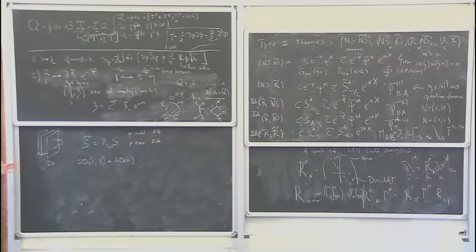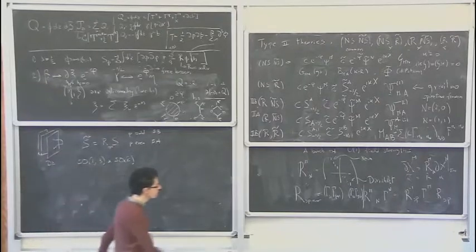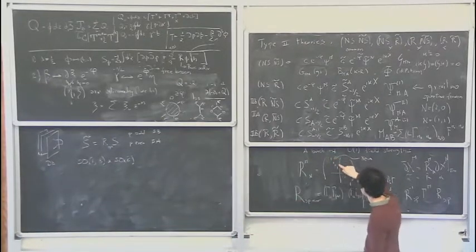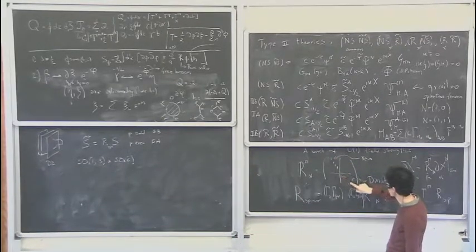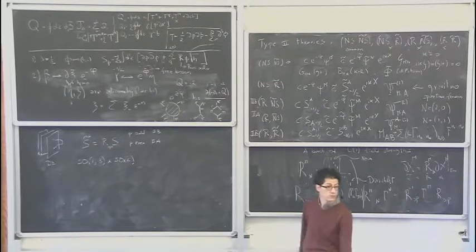So these D3 branes are extended in time, of course, and in directions 1, 2, and 3. Right? These are the Neumann directions. So this block of the matrix is 4 by 4, and this block of the matrix is 6 by 6.